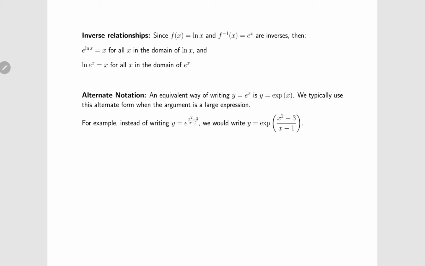So one way that we can make it easier on ourselves is using an alternate notation, which is writing exp and then in brackets whatever the power of e is. So you'll frequently see that. Textbooks will have that sometimes if the answer to some function is e to some terrible power. Instead of writing it as e to some terrible power in tiny print, they'll write it as exp in brackets, and the terrible power will be there.